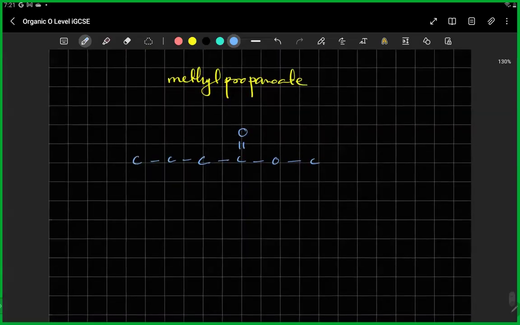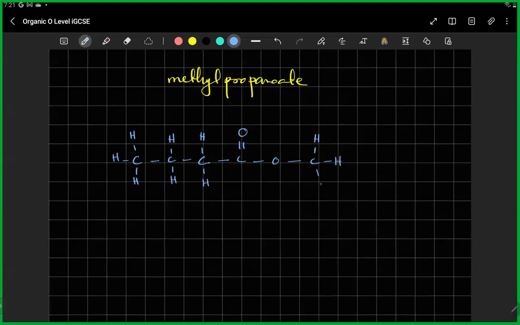Let's say this is my ester, and these are all the H atoms. This one will have 3, that's CH3. This is going to be CH2. This one is going to be CH2, and this is CH3.